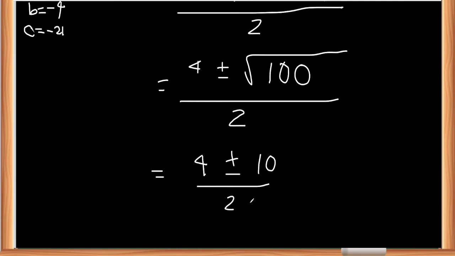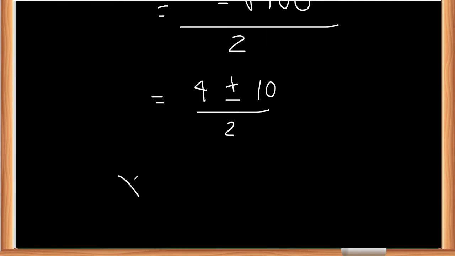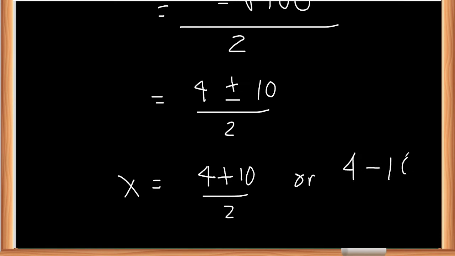So, therefore, magiging dalawa yung solution ng x natin kung ang 10 mo is plus, no? So, we have 4 plus 10 divided by 2, or yung 10 mo is minus. So, we have 4 minus 10 divided by 2. Okay?